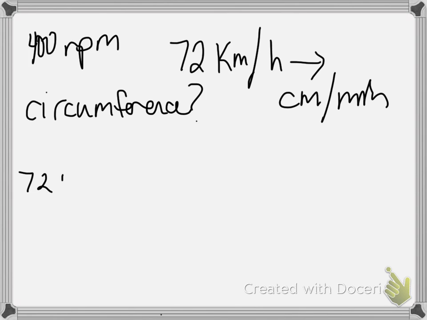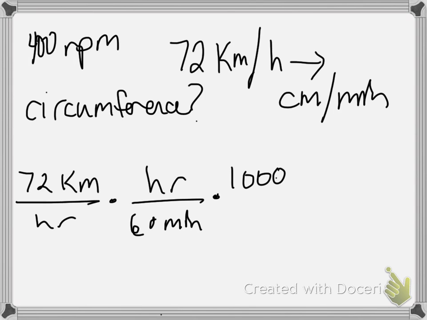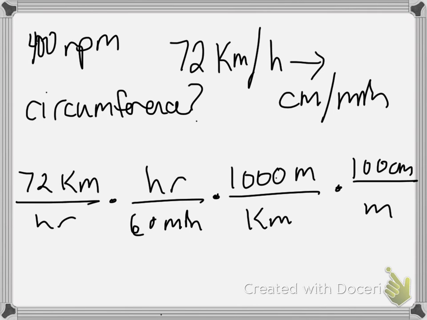So I have 72 kilometers per hour, and I'm going to multiply by, 1 hour is 60 minutes, 1,000 meters in a kilometer, 100 centimeters in a meter.